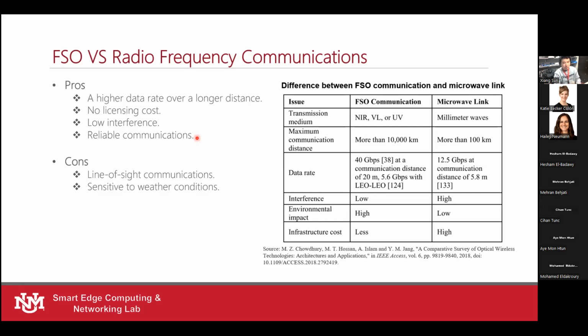This is also a disadvantage of FSO, because this directional feature makes the FSO link a line-of-sight communication, meaning that any blockage on the propagation path of the FSO will lead to communication failure.